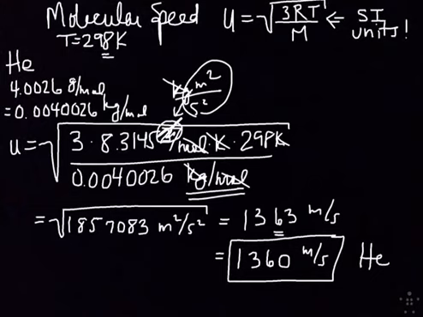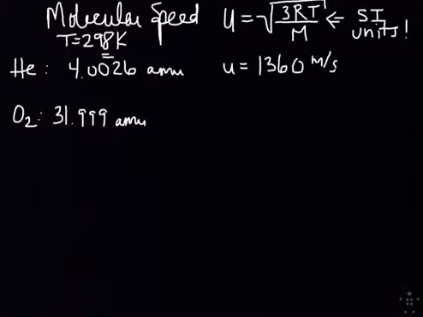And then let's do this for the oxygen and the xenon quickly, and we can compare them. So oxygen, O2, has a mass of 31.999 AMU, or 0.031999 kilograms per mole. So my speed is going to be 3 times my 8.3145 joules per mole Kelvin times 298 Kelvin, divided by 0.031999 kilograms per mole.